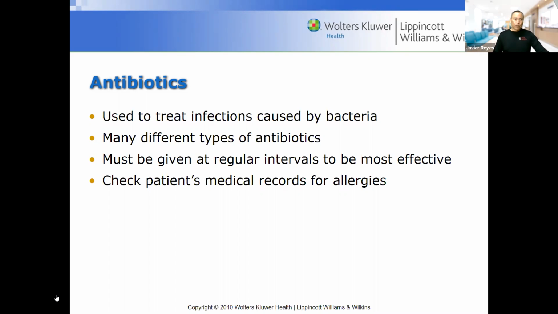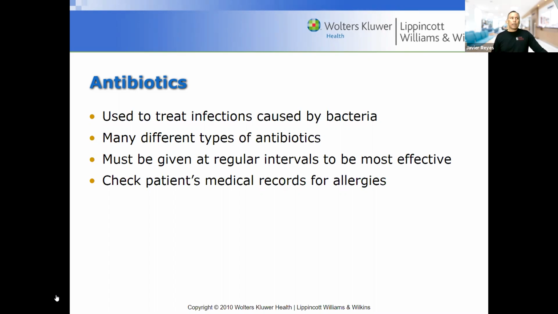Well, that creates problems because not only are you wiping out that bad bacteria, but you're also wiping out your good bacteria, which is why many people get diarrhea because of the antibiotic. There are a lot of different types. We should know, especially if the person has any type of allergies. If a person has allergies to medications, then for sure we have to make sure that we don't give them the one they're allergic to.